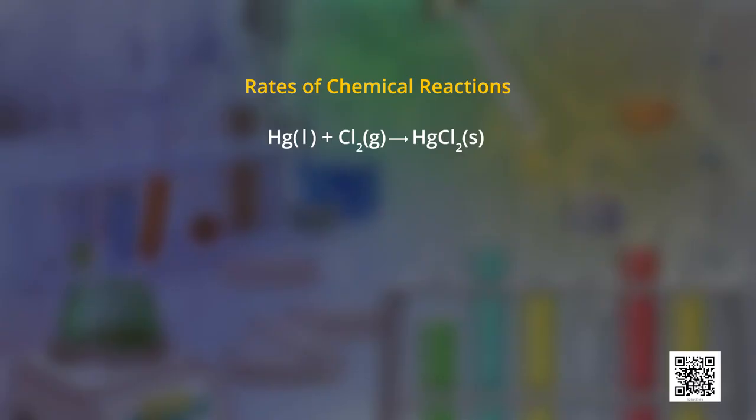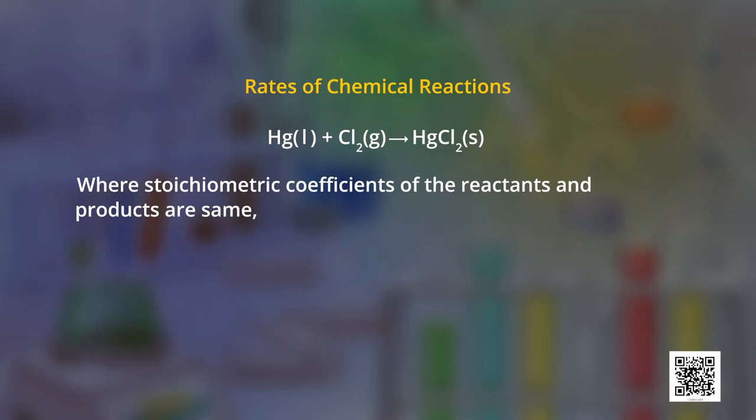Look at the reaction of mercury with chlorine, which leads to the formation of mercury chloride. In this reaction, stoichiometric coefficients of the reactants and products are same.